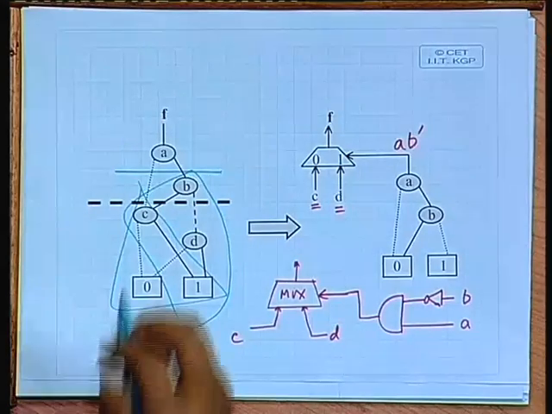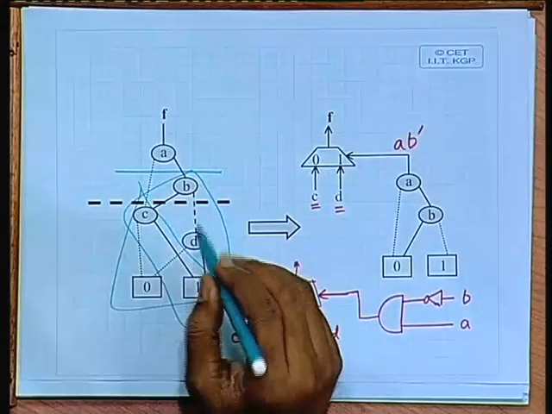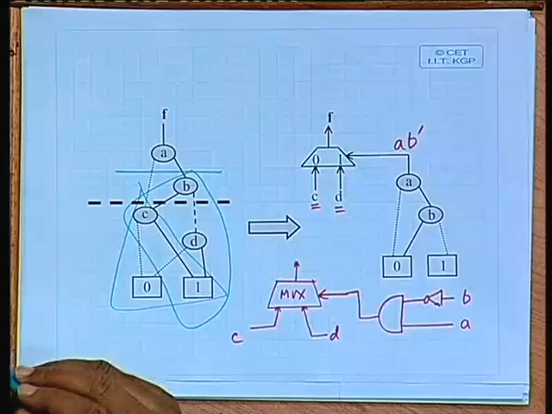Okay. So, you can cut at any level, but you will have to remember this mapping. The way we cut will decide our final hardware. So, you will have to do some kind of a balancing.